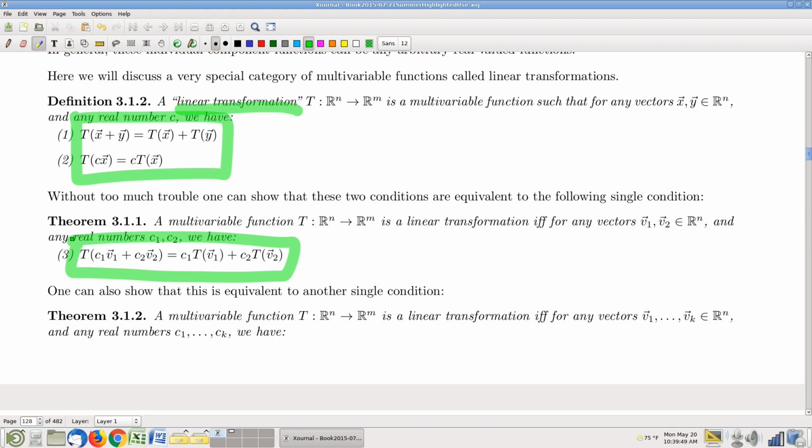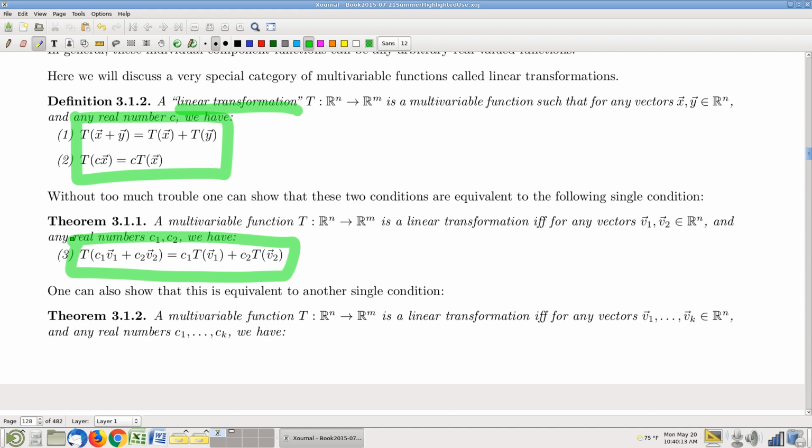So all this says is, if the function plays nice with addition and if it plays nice with scalar multiplication, we could say that differently as the function plays nice with addition and scalar multiplication. It's arguably the same. So I hope that seems believable.